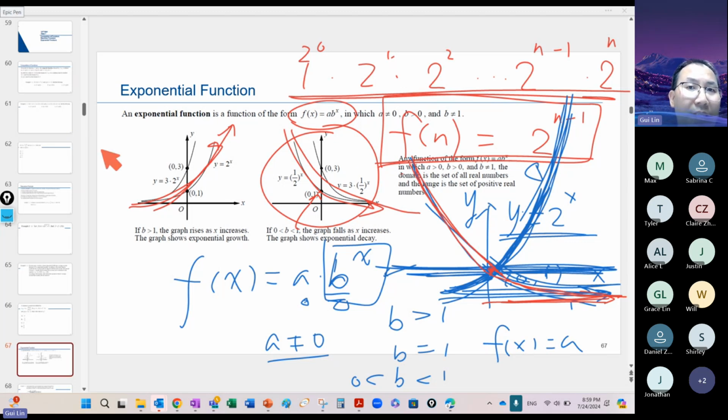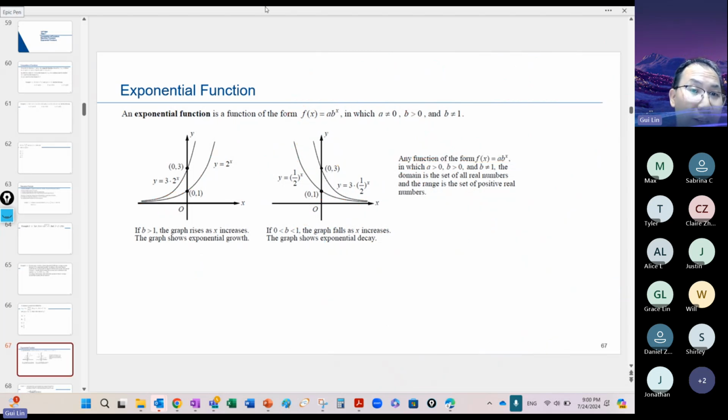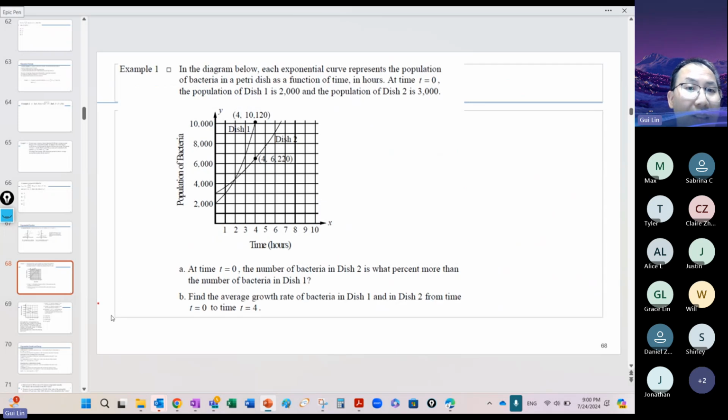So 2 different kinds. That's why exponential functions always become one of the questions in the SAT, because a lot of real situations happen this way. Let me give one example.